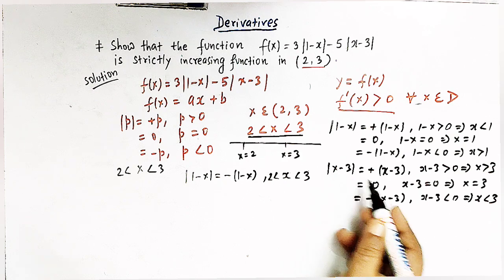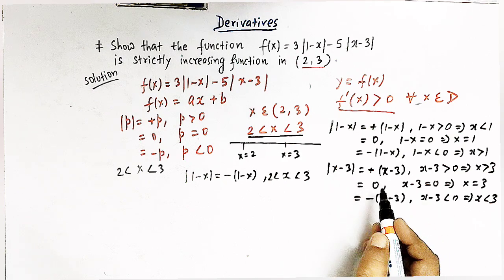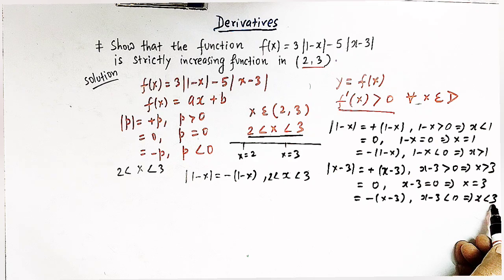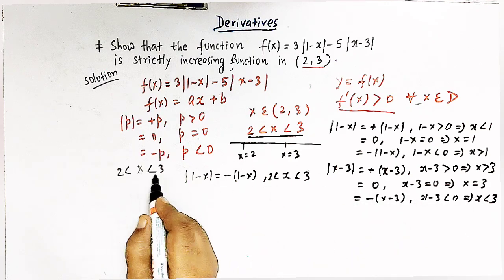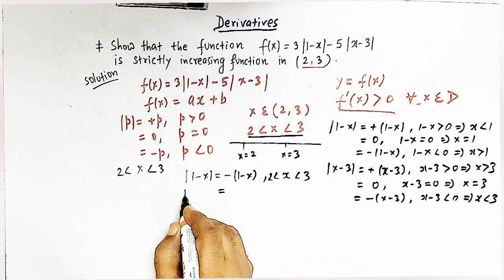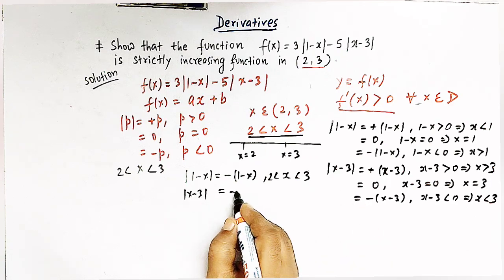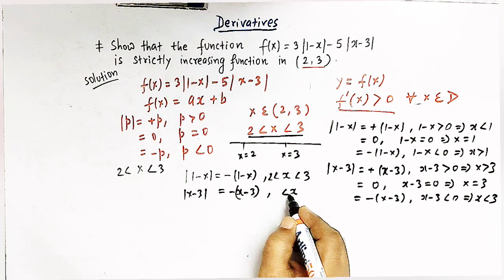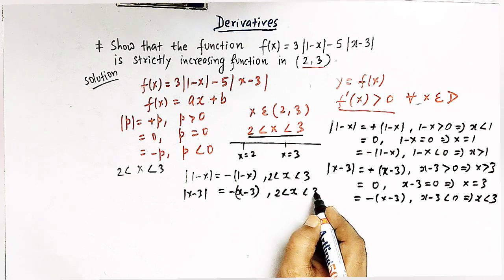And mod of x minus 3 is defined as negative of x minus 3 when x is less than 3, so we can write mod of x minus 3 as negative of x minus 3 when x lies between 2 and 3.